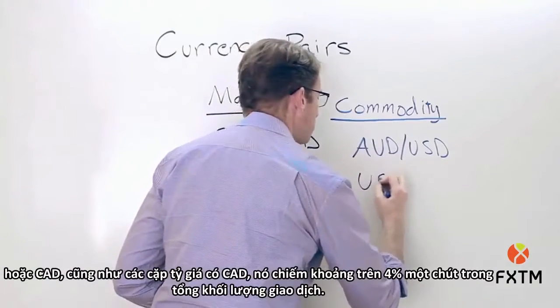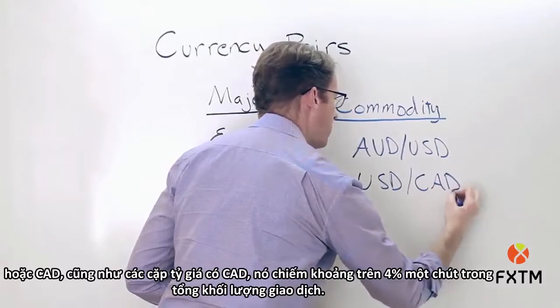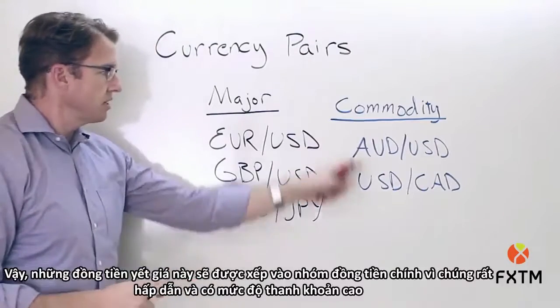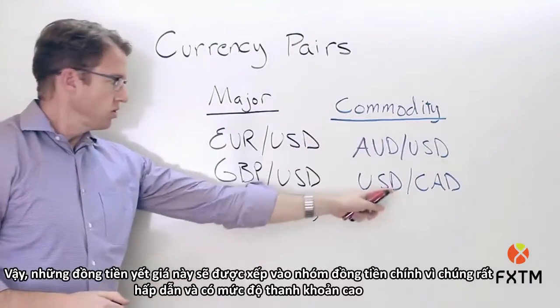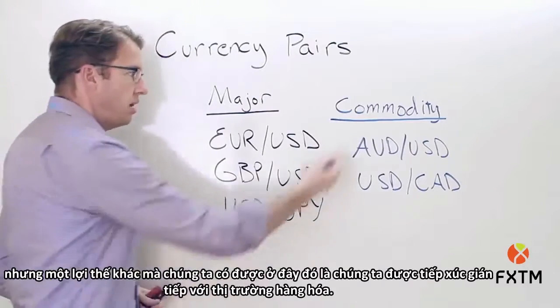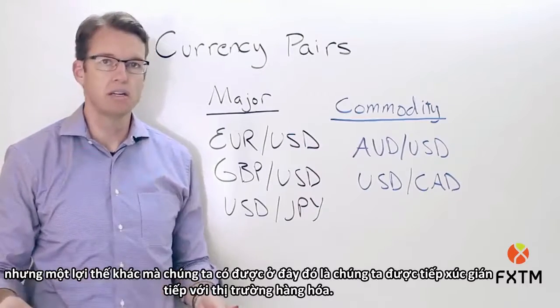Or the Canadian dollar: currency pairs with the Canadian dollar in them make up a little over 4% of total trading out there. So commodity currencies would certainly fall into the category of a major because they're nice and liquid. But the other advantage that we get here is that we have indirect exposure to the commodity market.